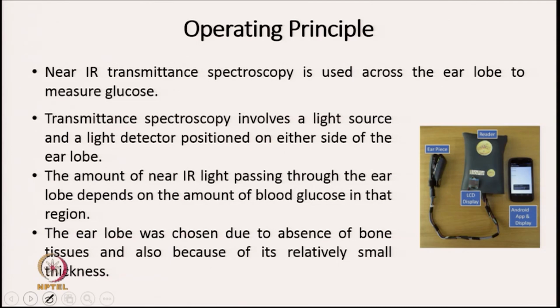A light source and a light detector are placed on either side of the ear lobe, and the amount of near IR light passing through the ear lobe depends on the amount of blood glucose in that region. The ear lobe was chosen due to absence of bone tissue and also because of its relatively small thickness.